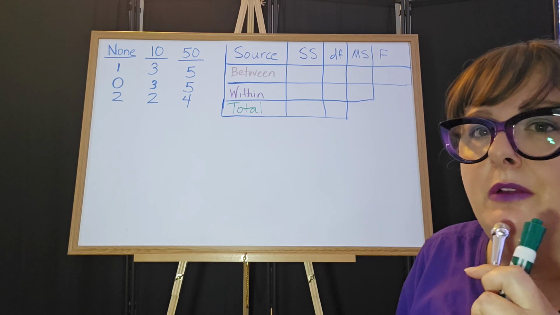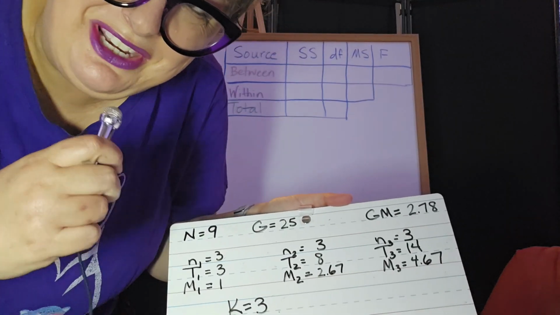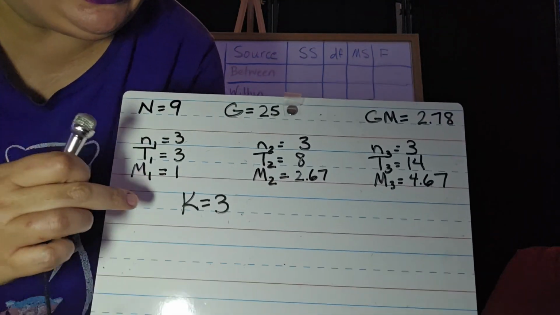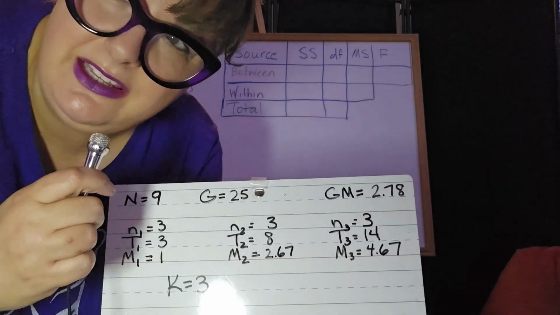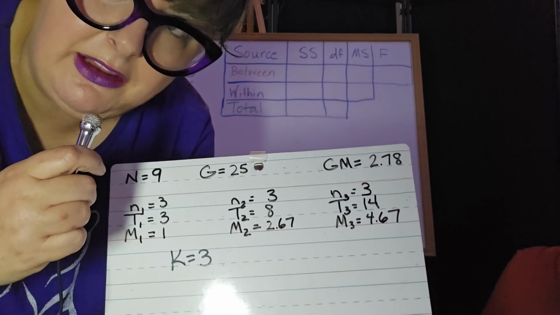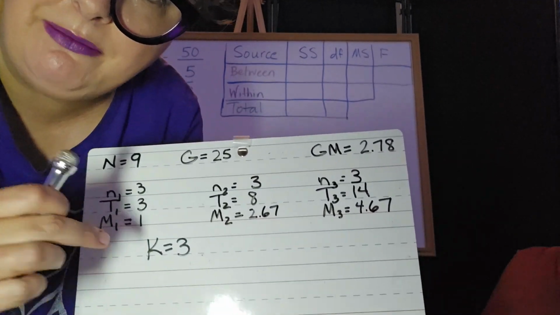Let's start with our degrees of freedom. I just realized as I was getting ready to fill this in that we forgot one of our preliminary numbers, K, lowercase k. What does that stand for? It's just the number of groups. So when you see K in a formula, it's the number of groups, in this case 3.